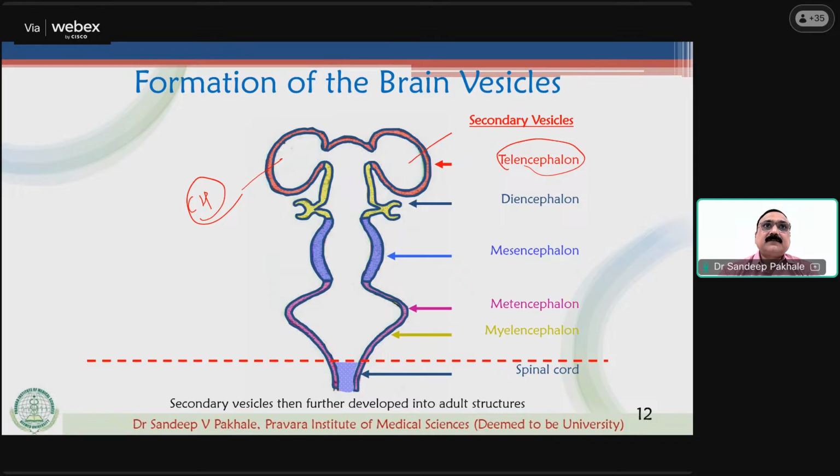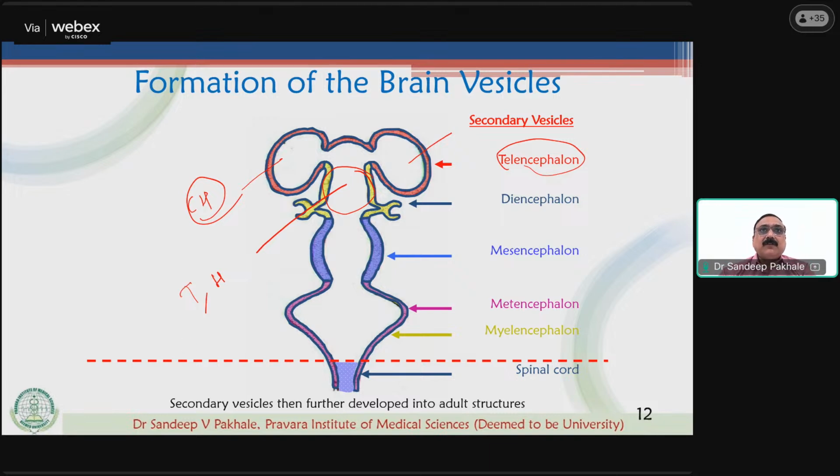Just below it, the diencephalon, this yellow colored portion, gives rise to deep structures such as the thalamus and hypothalamus.